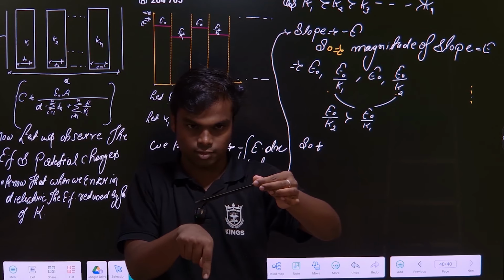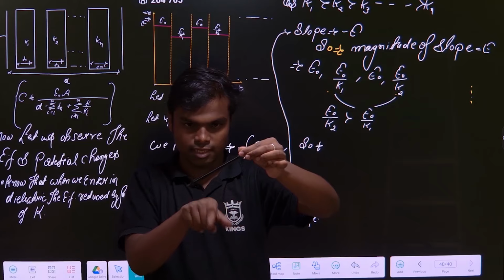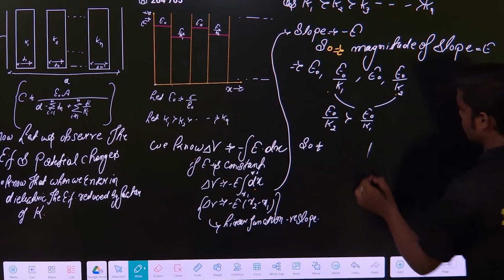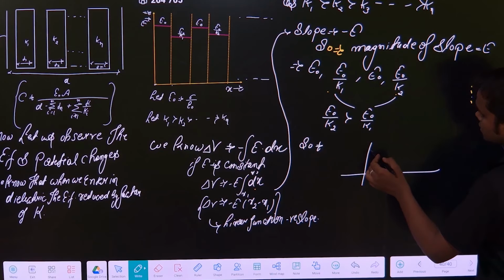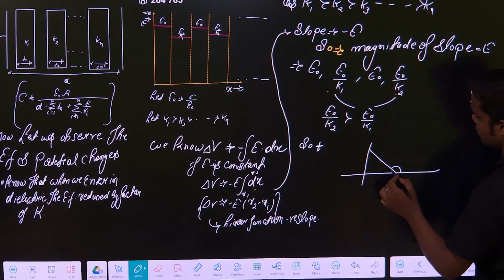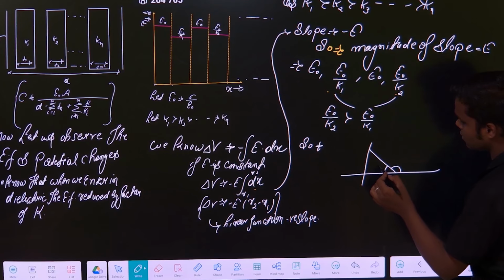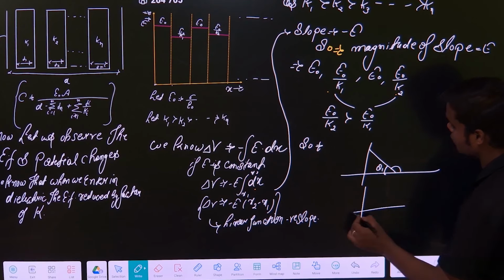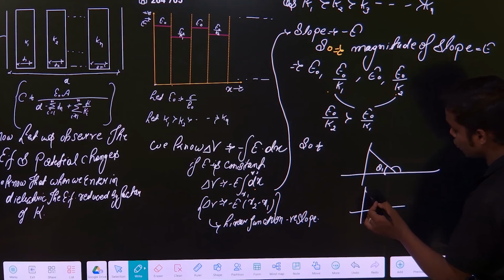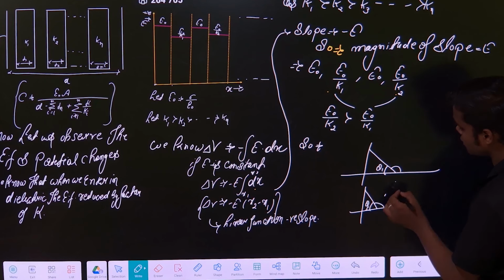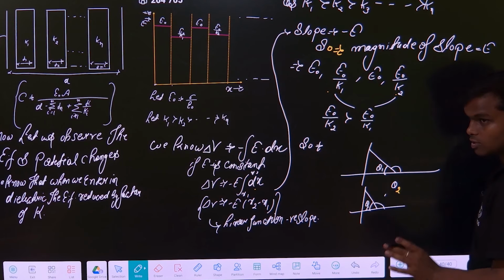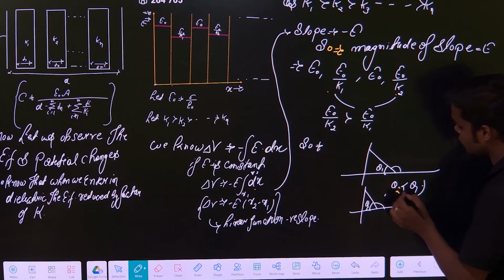Let me try to explain in a better way. For this case, the slope is less and this angle is theta 1, suppose. For this case, the slope is more, and this angle is theta 2. So I can say one thing: theta 2 will be less than theta 1, yes or no?